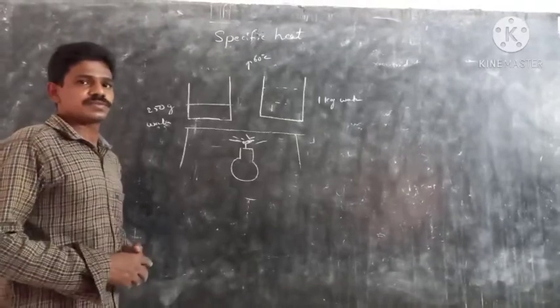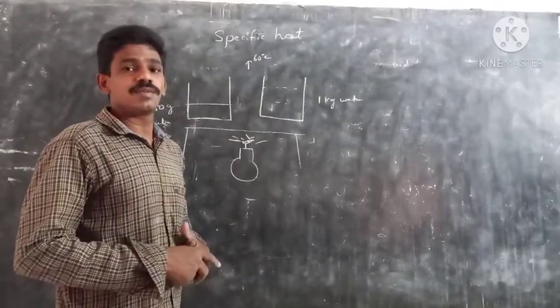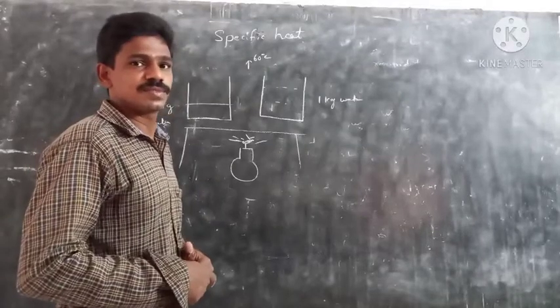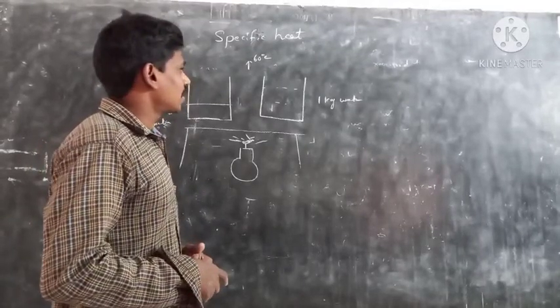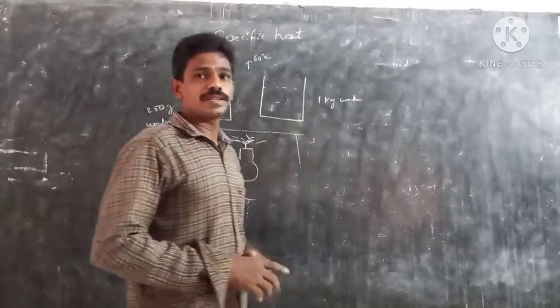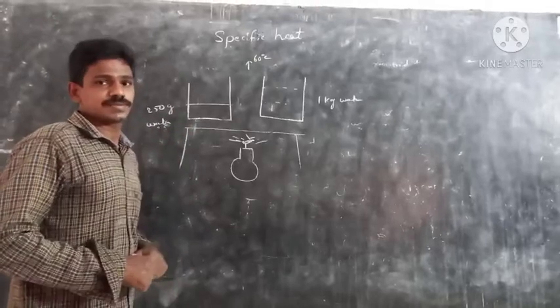What do you observe? Which beaker needed more heating time? You observe that 1 kg of water needed more heating time when compared to the 250 grams of water beaker.